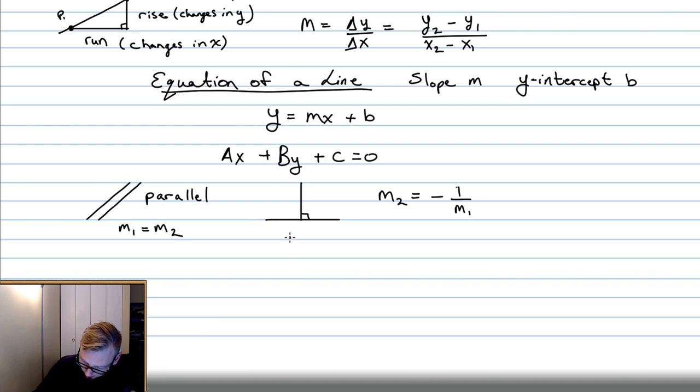So if you've got y equals 2x plus 1 as your first line, and you need a perpendicular line to that, you would just look at the slope. And a perpendicular line to that would have a slope of negative 1/2.